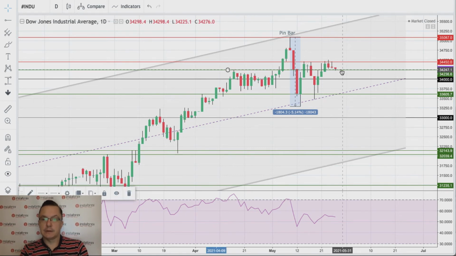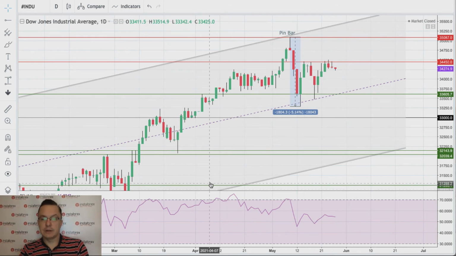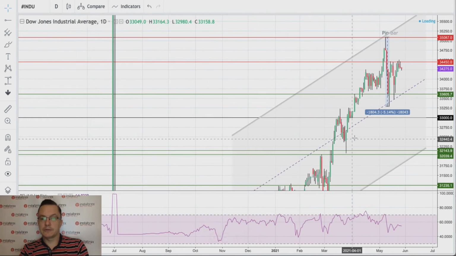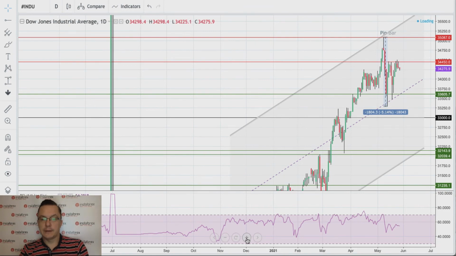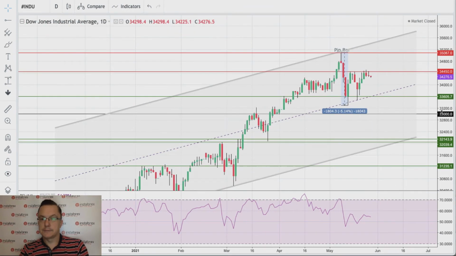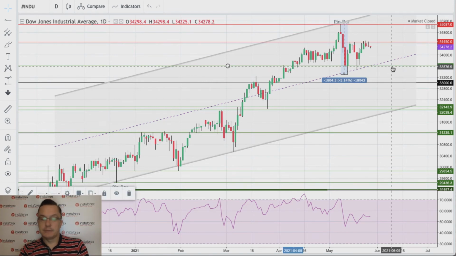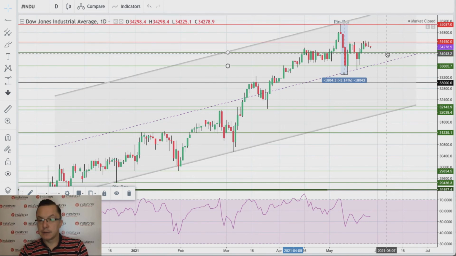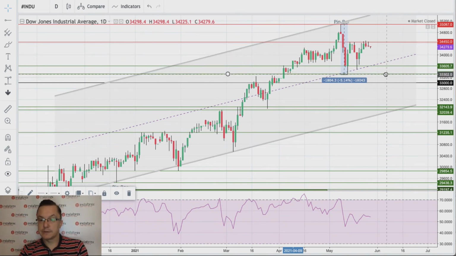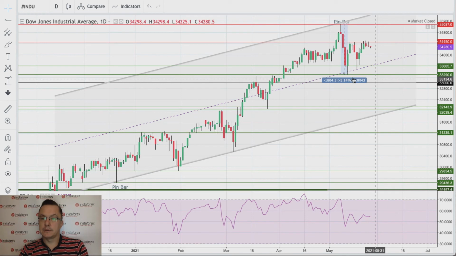We have some other zones here, but they don't actually work anymore. We might only work with the level of 33,605, which is the technical support, because it's being recognized, and we will add a new one at the lows of the recent move to the downside, 33,290.